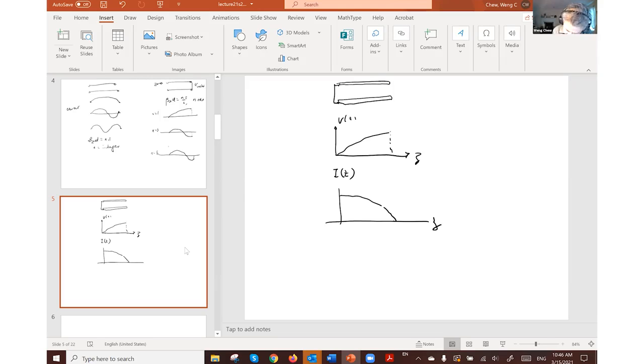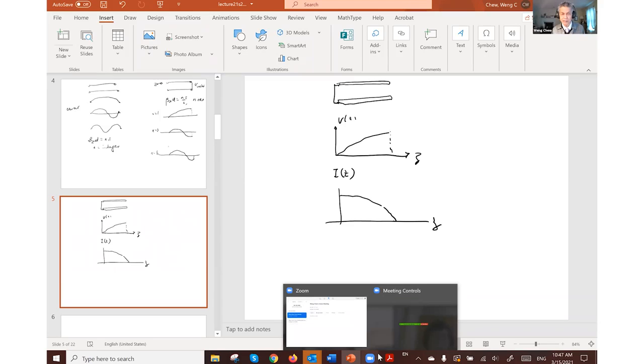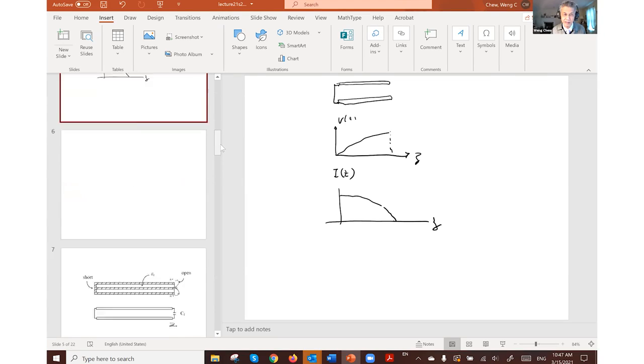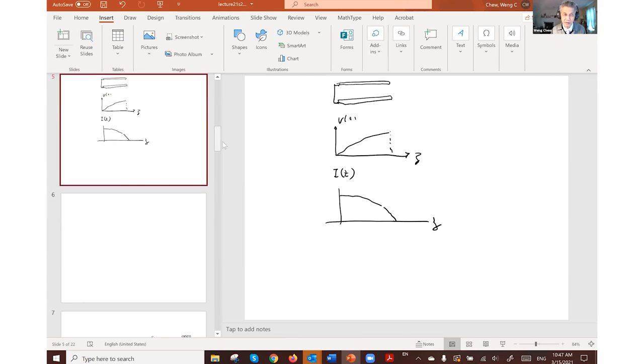The current would be the maximum on the left side because it's a short circuit, and then it goes to 0 on the right-hand side because it's an open circuit. So you can make resonators quite easily using transmission lines or waveguides, even if the waveguides can be mapped to a transmission line. Are there any questions so far as to how we can make resonators out of transmission line?